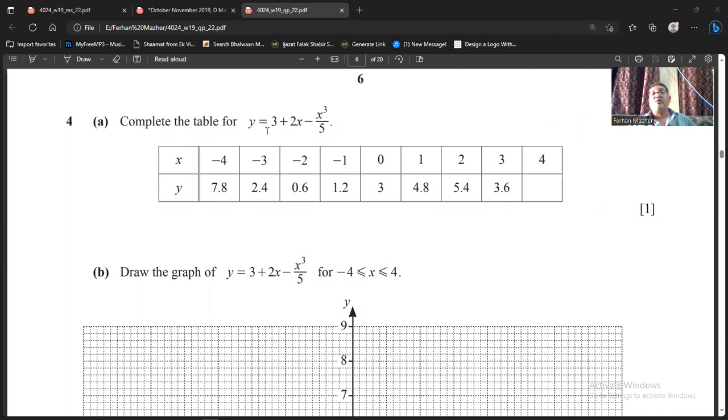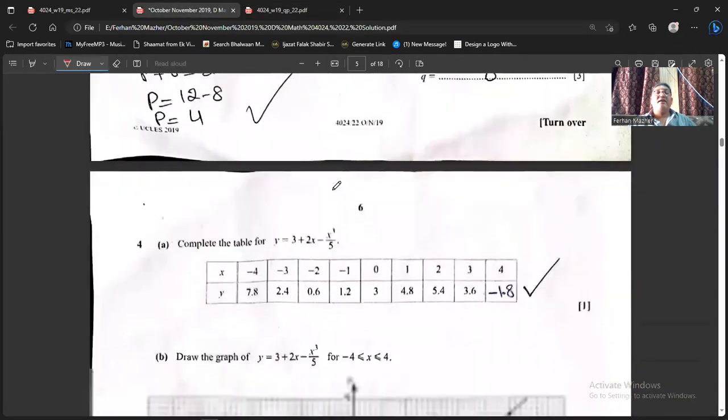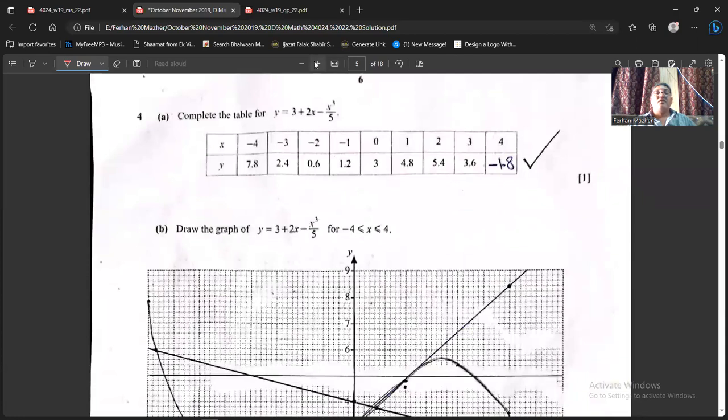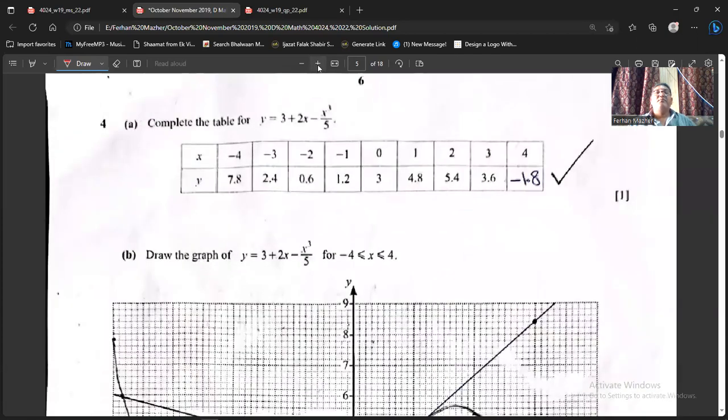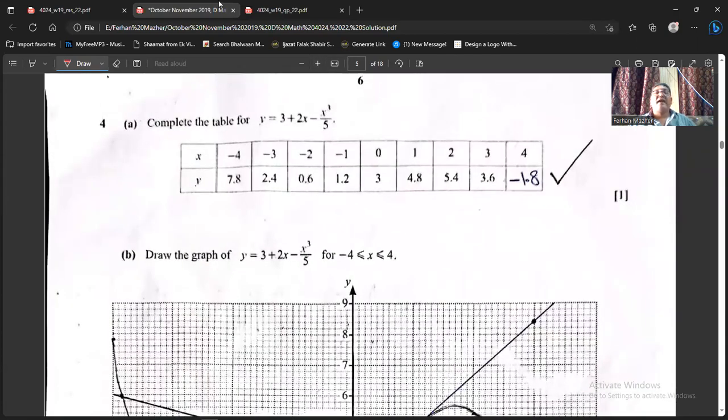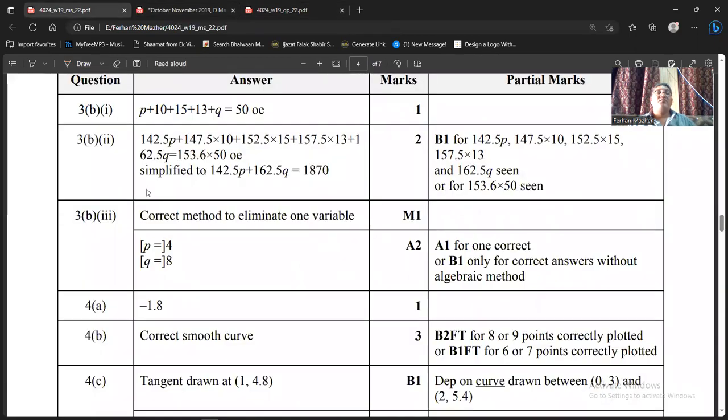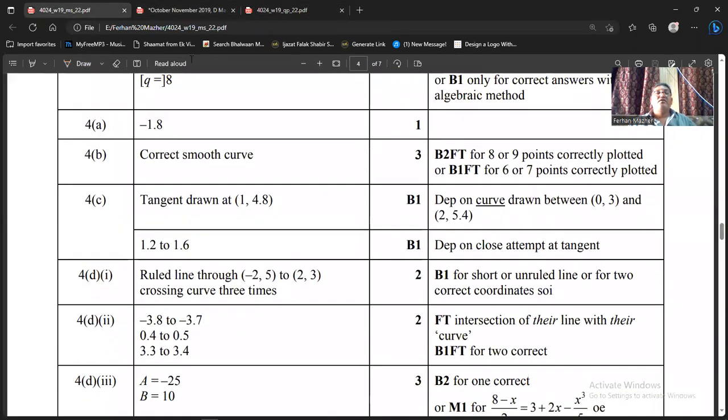So in your calculator, you will write 3 plus 2 multiplied by 4 minus 4 raised to the power 3 divided by 5 equals, and you will get minus 1.8.